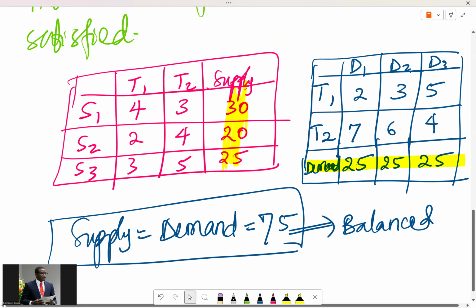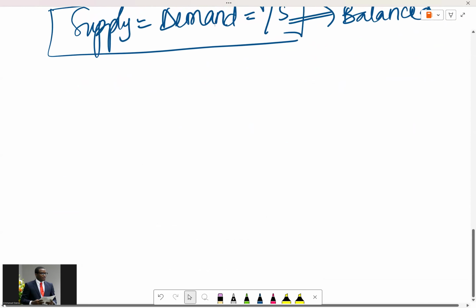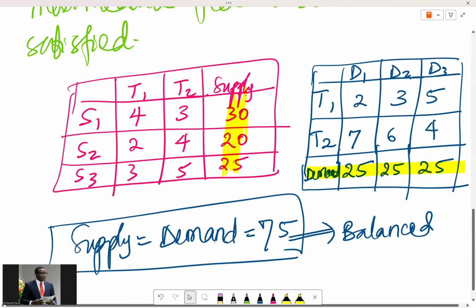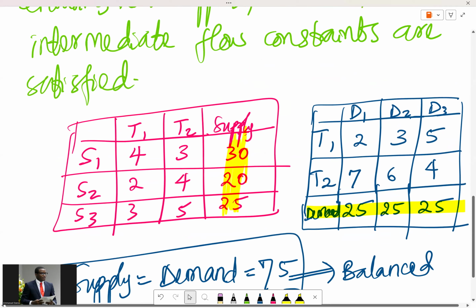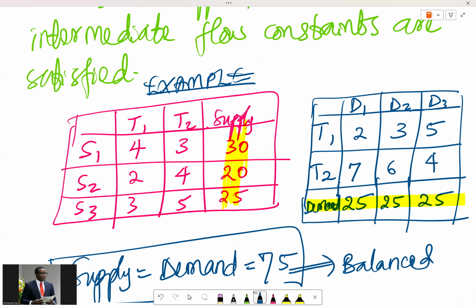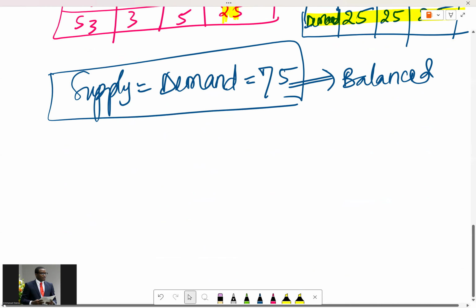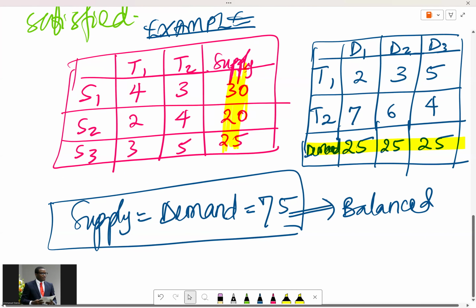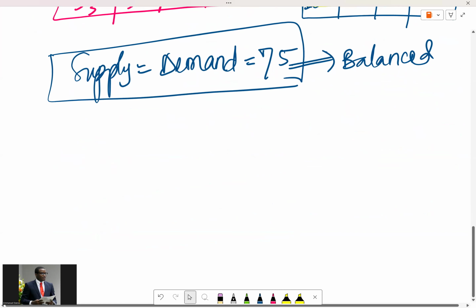So let's look at that now. We have the table, but again, don't forget the goal is to see the cheapest cost. I guess I should have called this an example. Our goal is to minimize the cost of moving from the supply nodes to the transshipment nodes to the demand nodes. So let's say now, solution.